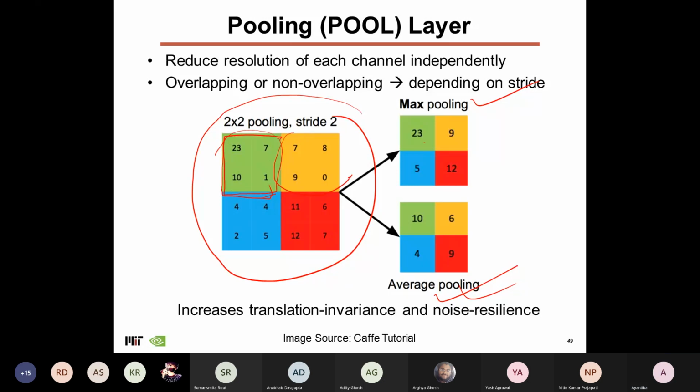From this, we will take the maximum value 9, 5 and 12. So that way we are forming the pooling output. Similarly, when we are doing average pooling, we are taking the average of the values present in this matrix, and the average value will be considered.